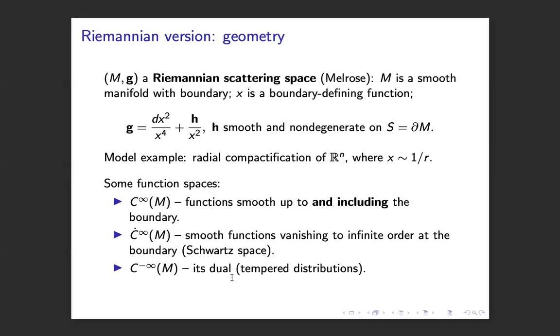On R^n, a nice class of functions is the Schwartz space, which is functions that fall off faster than any polynomial. This gets generalized to functions which vanish to infinite order at the boundary. You can also look at the distributions associated with these test functions, which generalize the tempered distributions.